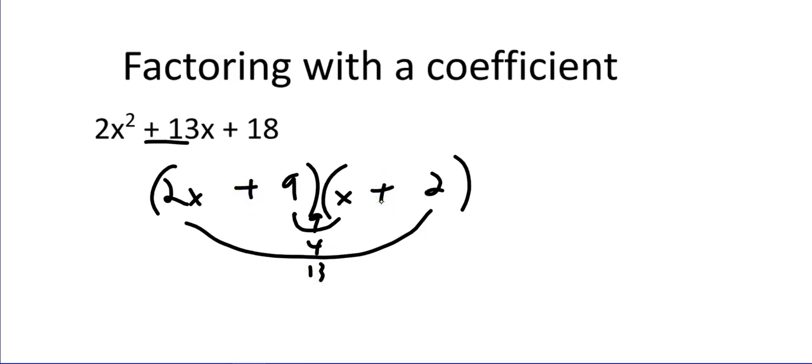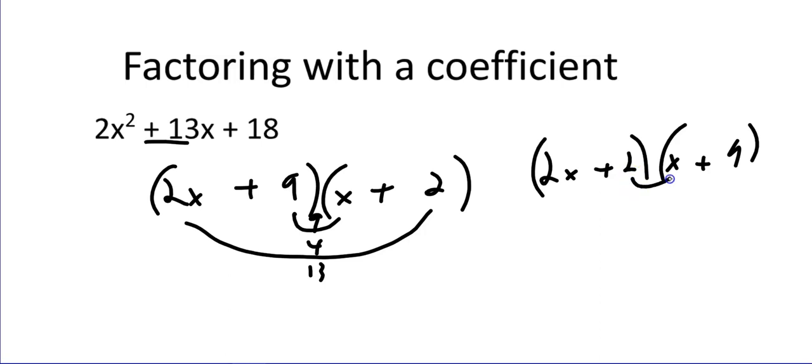But let me show you what could have happened. Let's say I have my 2x, but I put the 2 here, and I put the 9 here, okay? Well, that still gives me 18. That still gives me 2x squared, but this gives me 2. This gives me 18. 18 plus 2 is 20, not what I want.